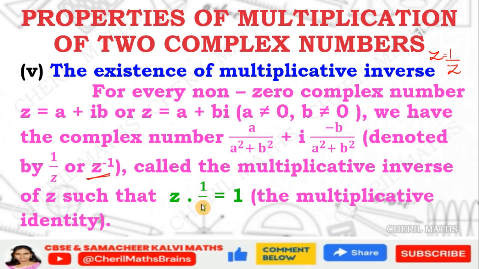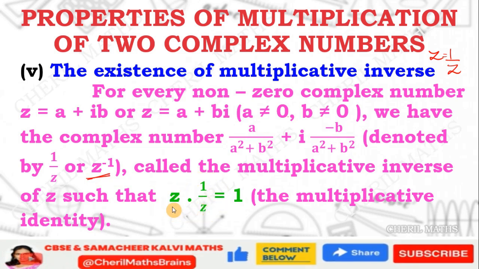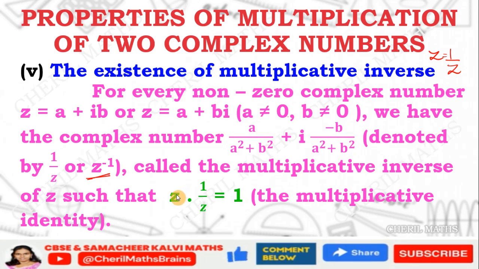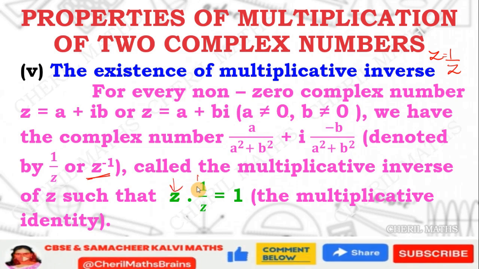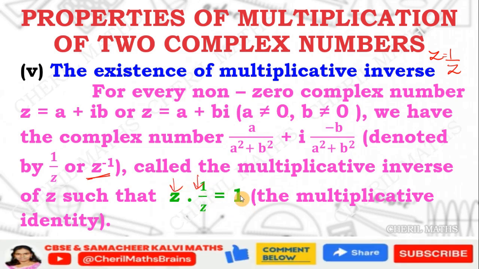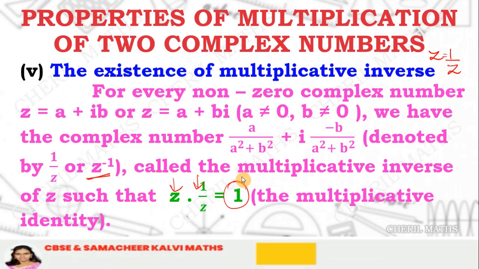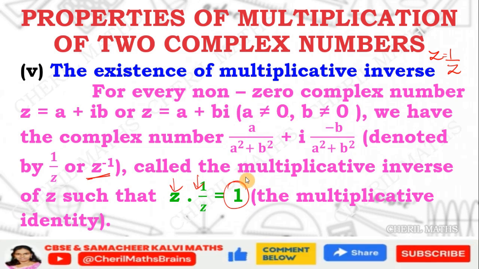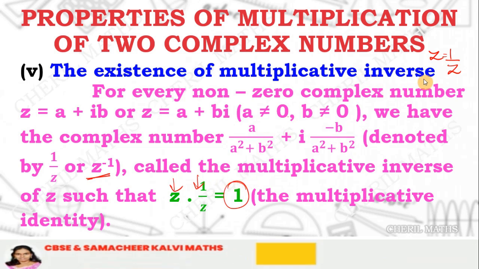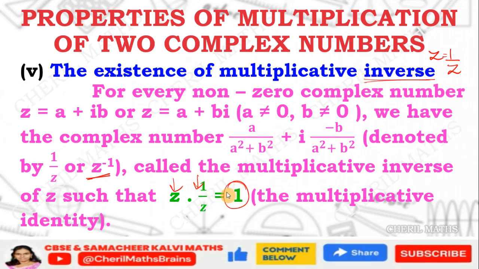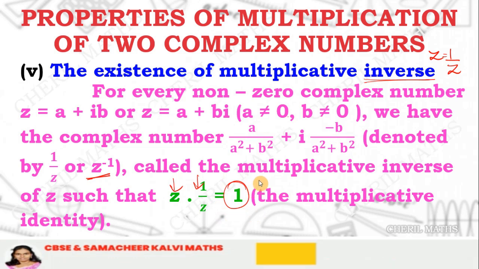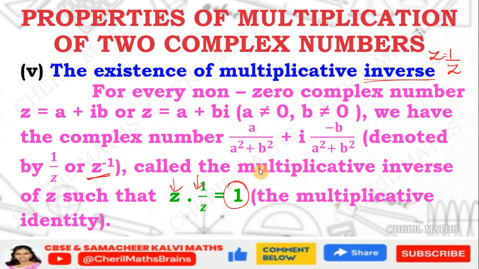So the multiplicative inverse says that when you have the product of the given complex number and its inverse, the answer will be 1 always. So remember carefully, children. So this is what you need to remember.